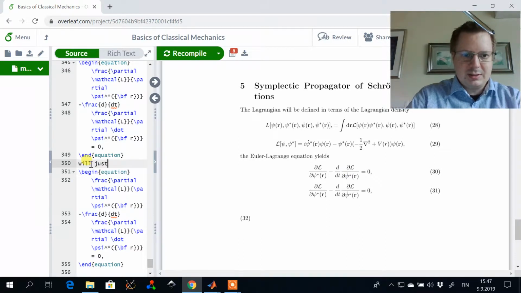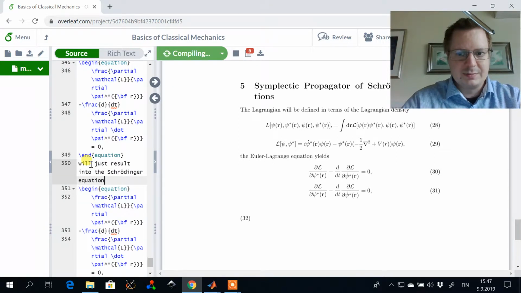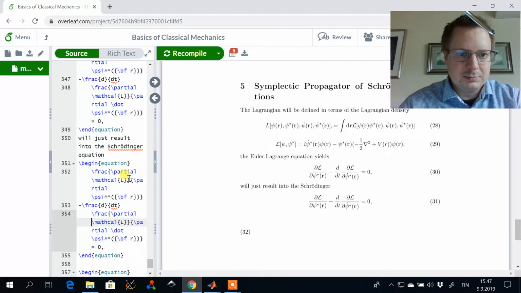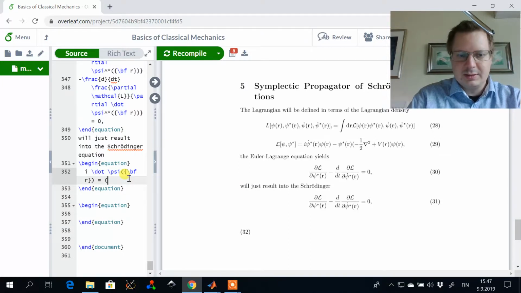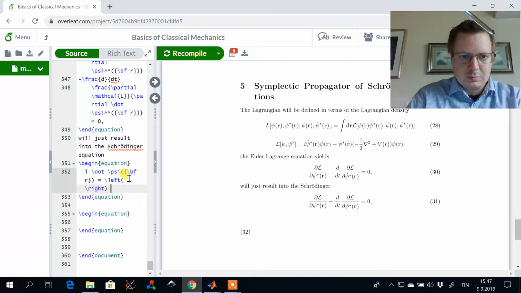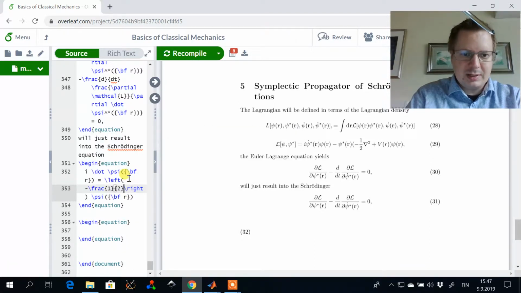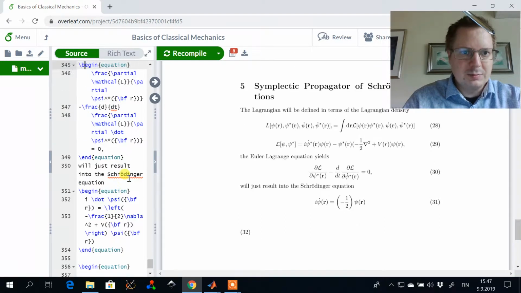So that will just result in the Schrödinger equation: i dot psi equals the Hamiltonian multiplied by the wave function, like so.